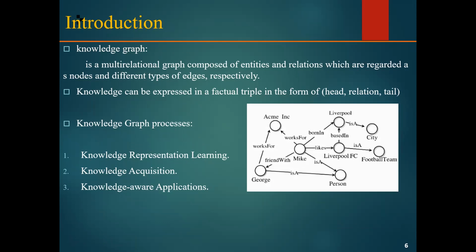If we start with knowledge representation learning, where we try to represent entities and relations in a knowledge graph in a low-dimensional semantic space, which opens the way for many knowledge acquisition tasks and downstream real-world applications.